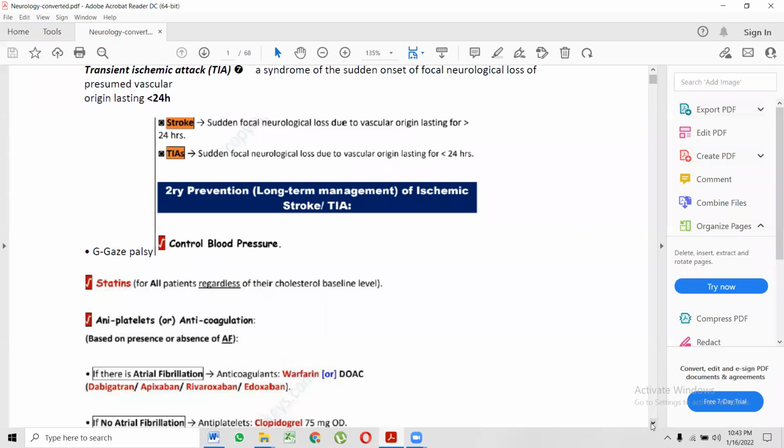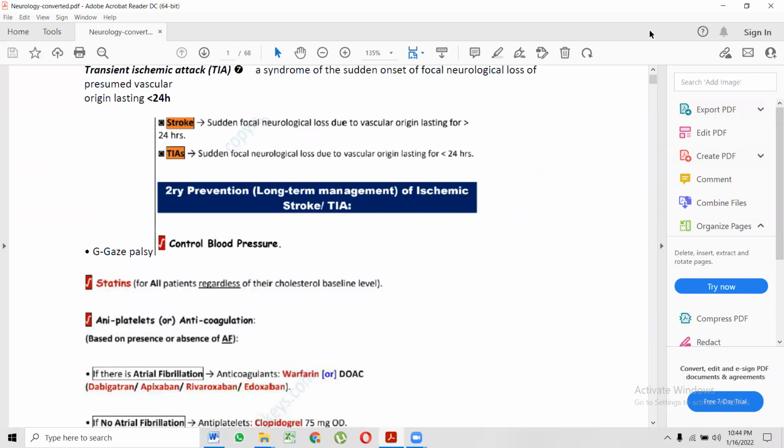And if there is no hemorrhage on CT scan and the patient is presented to you within 4.5 hours, then you will give alteplase or streptokinase.